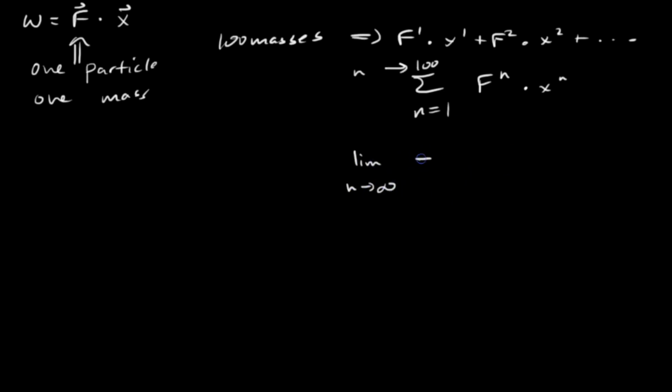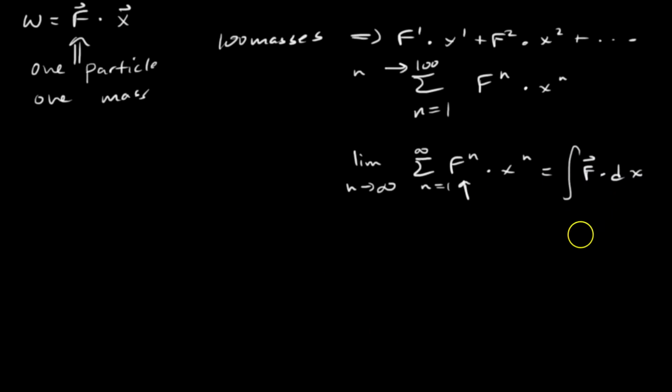And then the limit of the sum of Fn dot xn over all n from n equals 1 to infinity, the limit of a sum is always an integral. So this is going to be an integral of the force, as we have here, dot, instead of x, we now have dx, which represents an infinitesimal little strip.